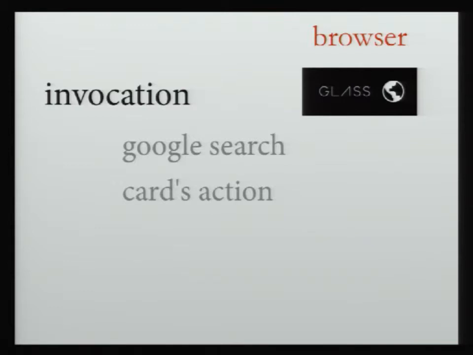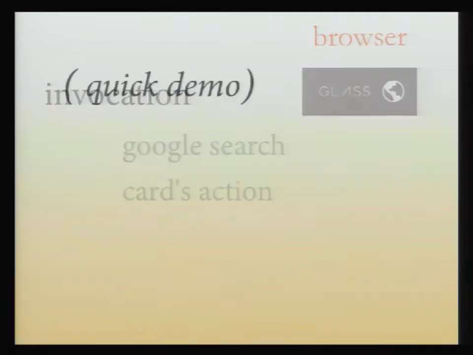That means if the card is too static for you, you can send the user to a URL from the card. So there is no URL typing. You don't say blah.com. You just search or use a card's action.